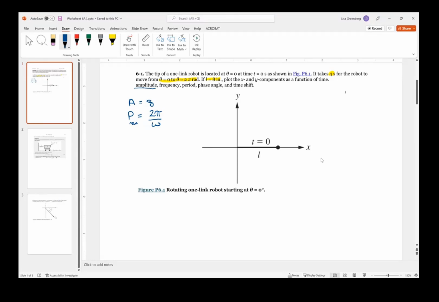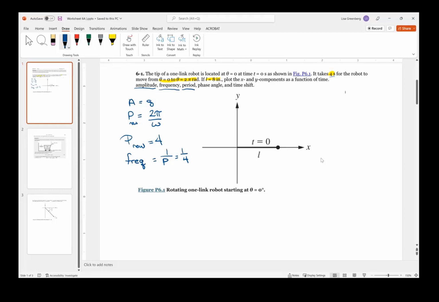And we know the new period, right? The new period is 4 because it's taken 4 seconds. And we're plotting this as t. So the period, the new period, is going to equal 4, so we found the period. The frequency is going to be 1 over p, which is equal to 1/4.